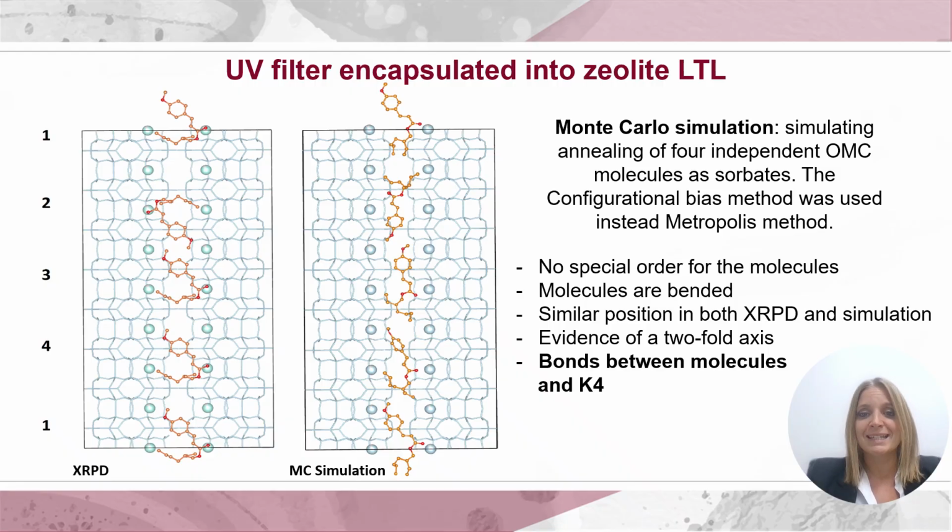The two models in the end are really similar, and both techniques tell us that the molecule is bent and truly bonded with the potassium of the framework, which is practically the key point of our analysis.